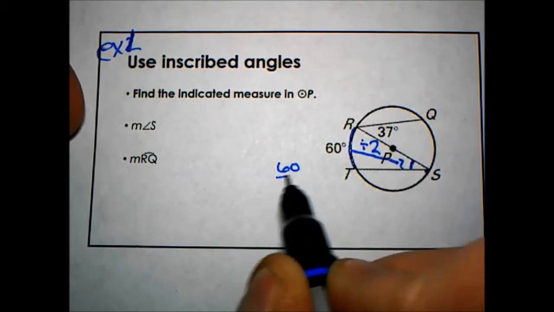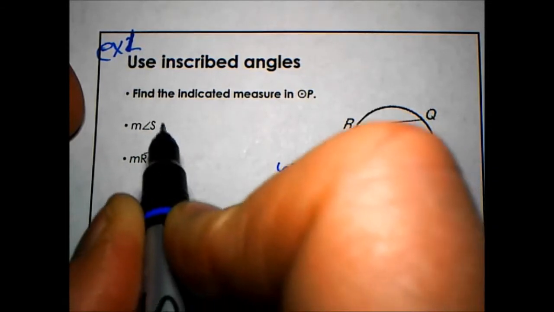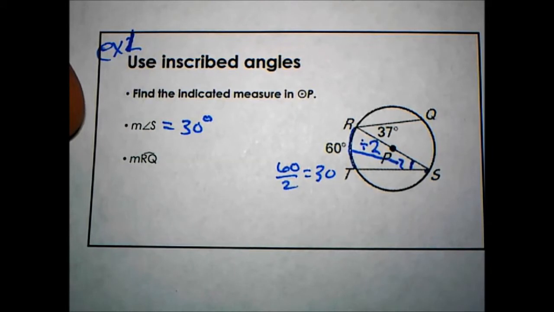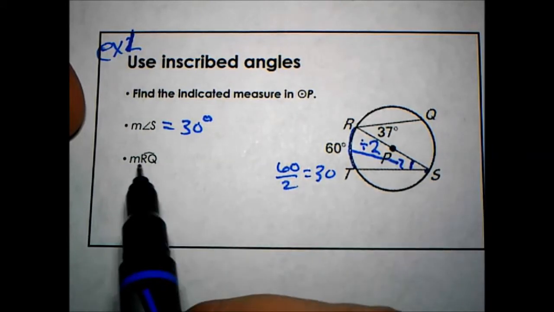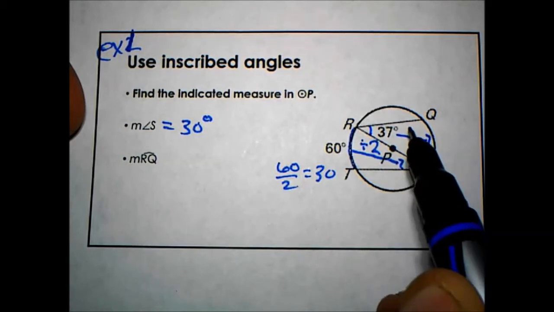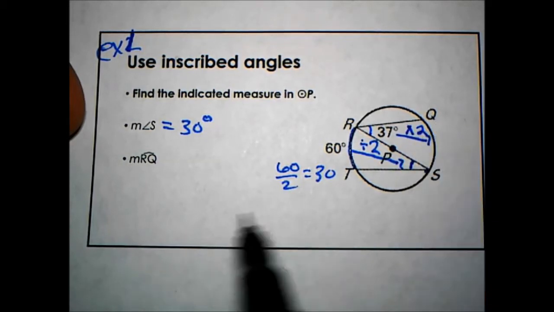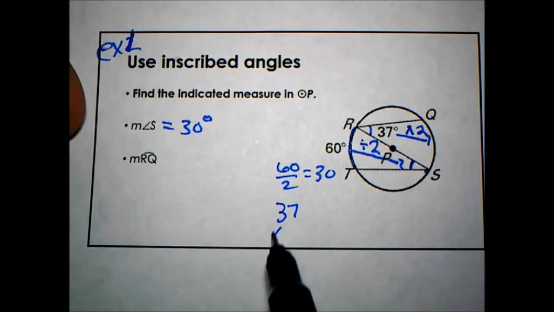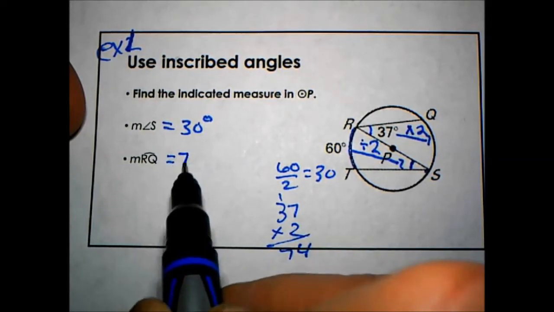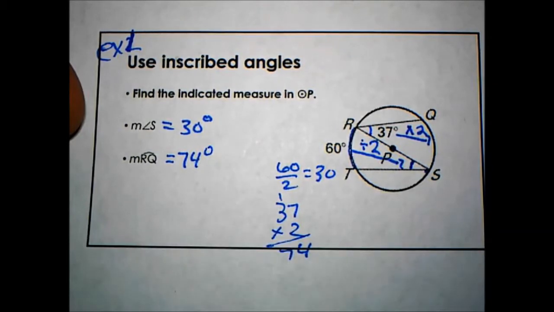So 60 divided by 2 is 30, so the measure of angle S is 30 degrees. And it says find arc RQ. This is 37, so to go to the arc, that means you have to multiply it by 2. So it would be 37 times 2, which means that arc measure is 74 degrees.